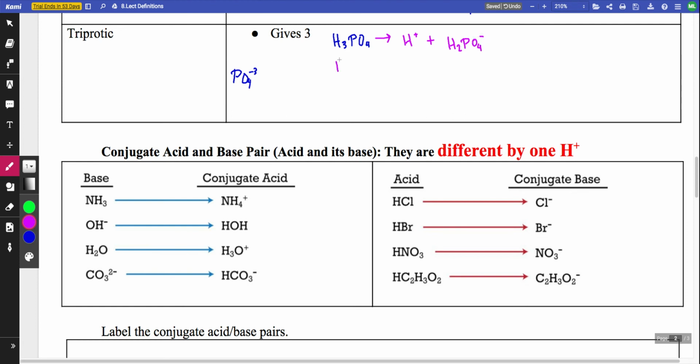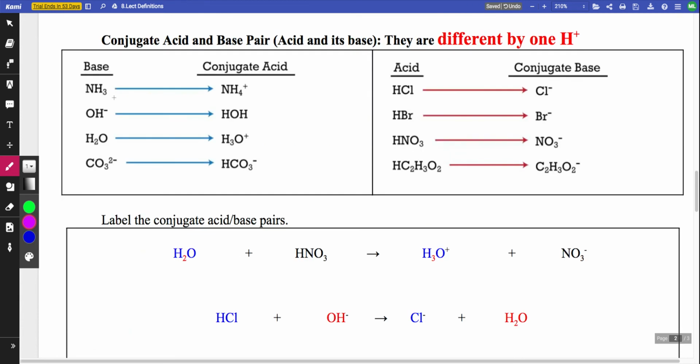Okay, and then now you're going to give away another H, and you're going to have HPO4 2-. Give away another H+ is now PO4 3-. So you were able to give 3 H's, H+.